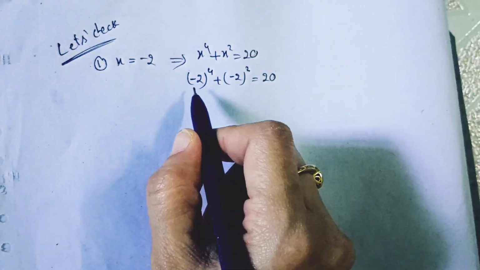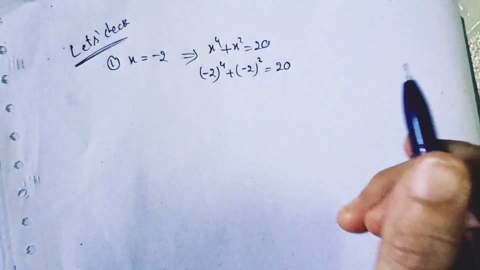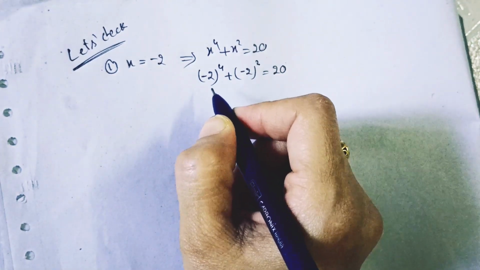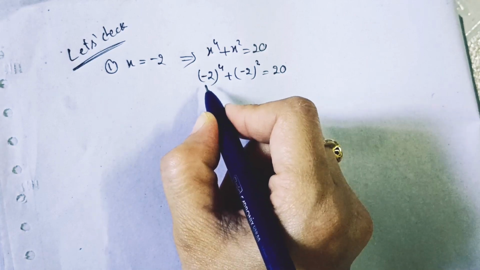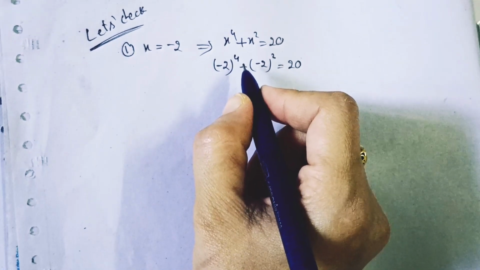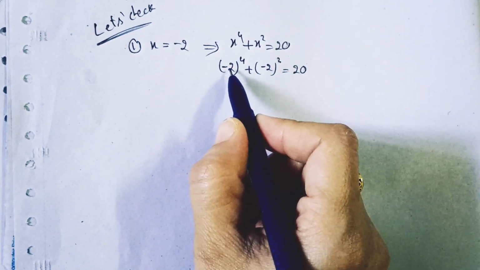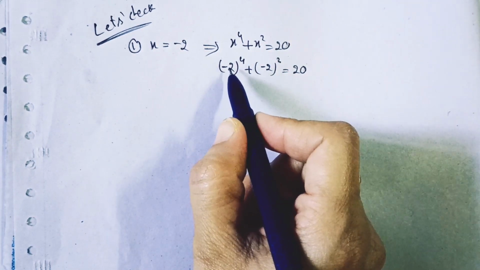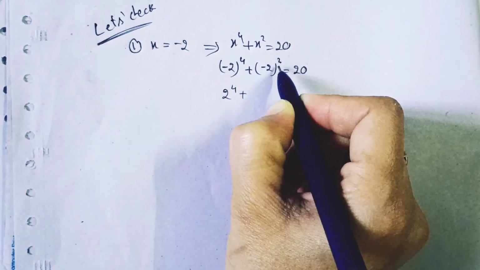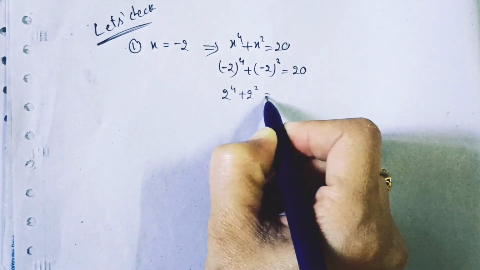We all know that a negative number to an even power is always positive. Therefore 2 to the power 4 will come here, plus minus of minus 2 to the power 2, so 2 squared, equal to 20.